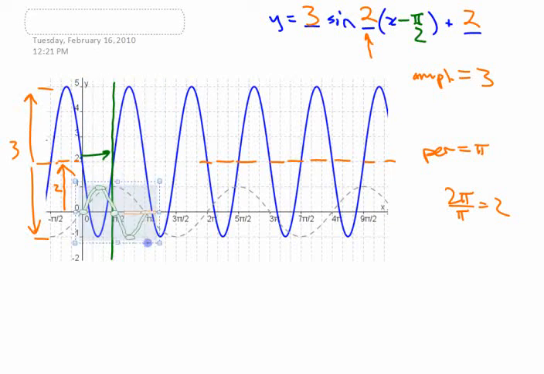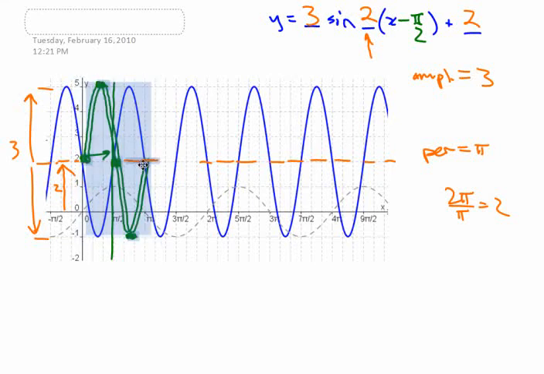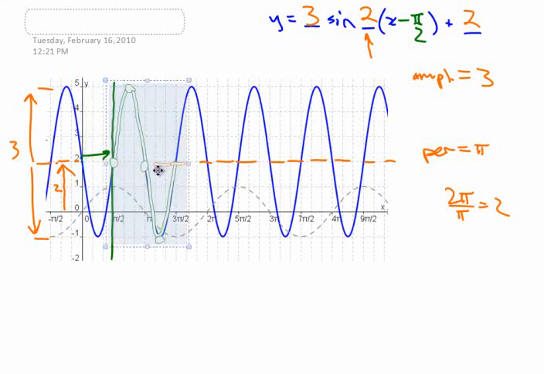I took the orange part too, sorry, but you're imagining it's like that, right? It matches up with that original sine curve there, but you're compressing it that way, and you're making it taller and shifting it up, and then you're shifting it to the right last.